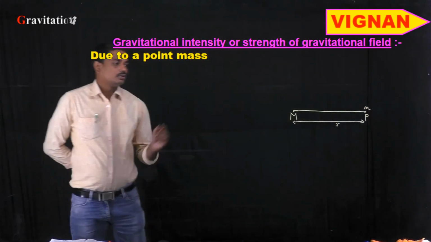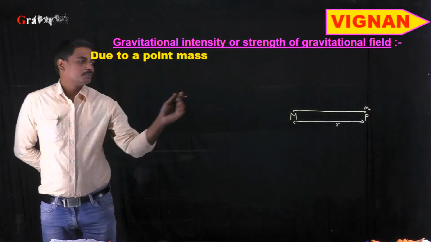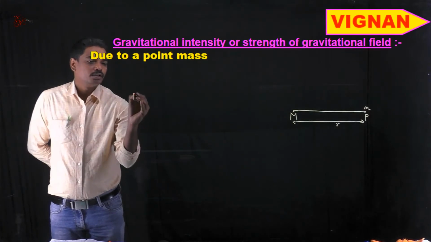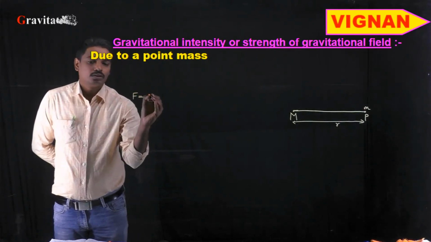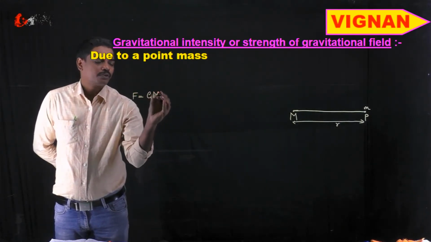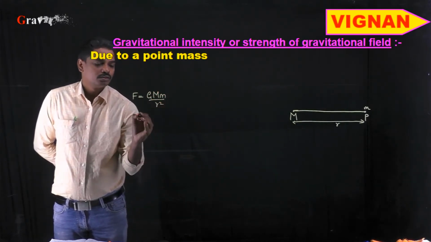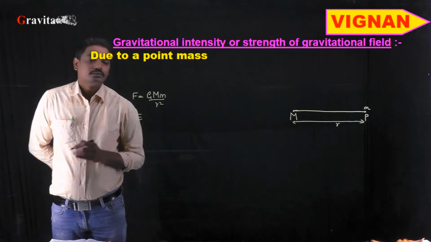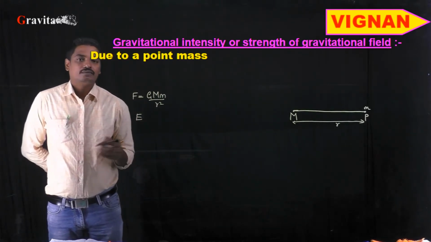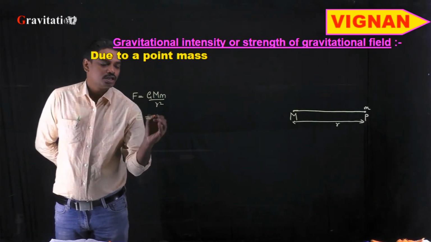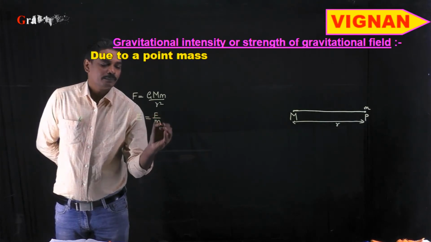Okay, so let us see the force. The force between these two masses will be F is equal to G into capital M small m by r square. So we know that the intensity of the gravitational field, or gravitational field strength E, is equal to F by m.